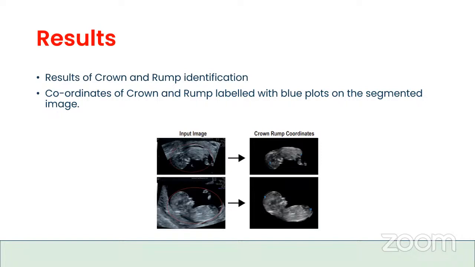Issues arise with some reliability issues among different orientations of the segmented fetus and due to the low signal-to-noise ratio present in ultrasound images. Once identified, the coordinates are scaled and plotted onto the segmented fetus in blue and then displayed to the user.